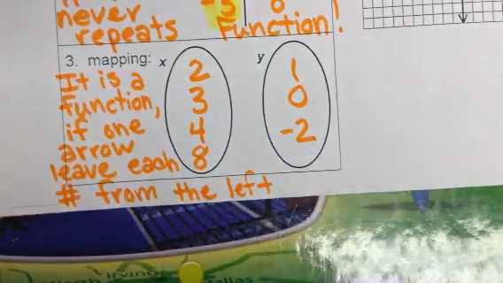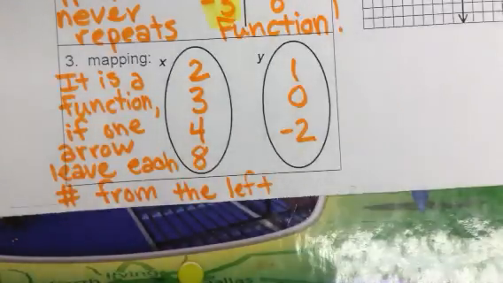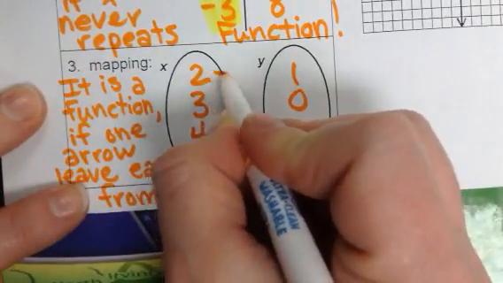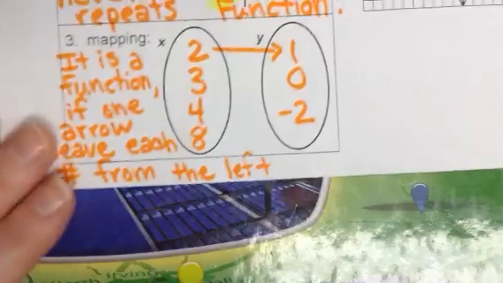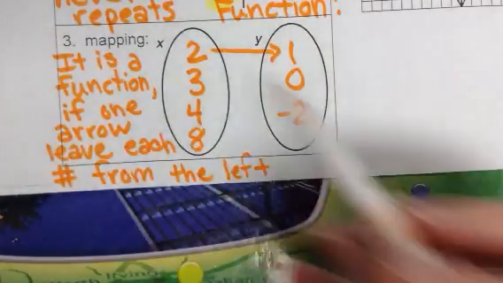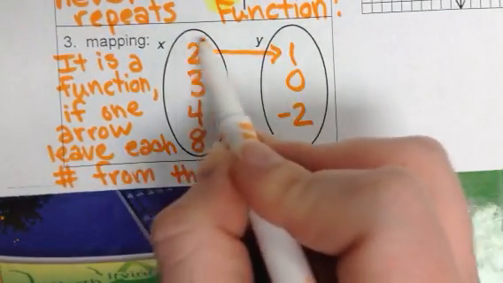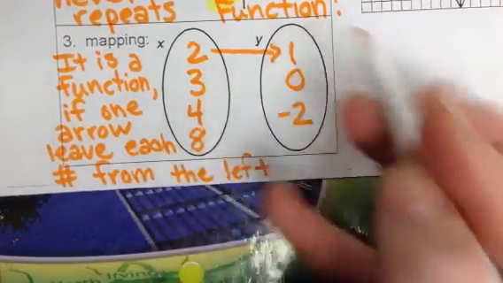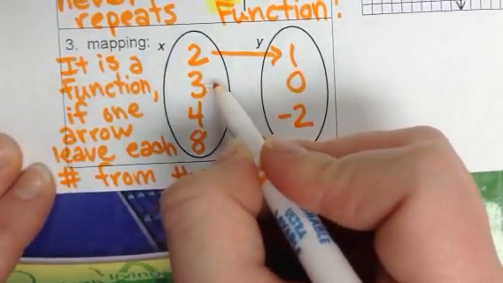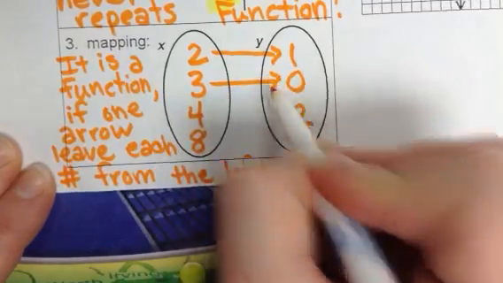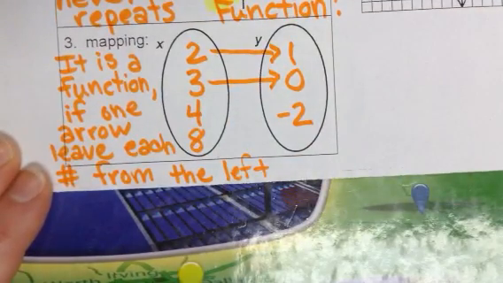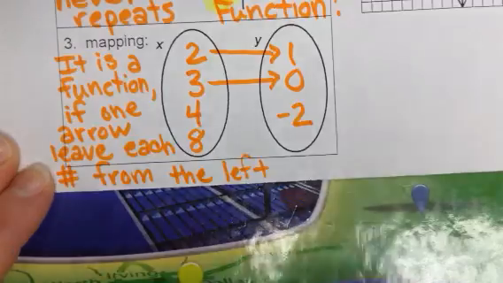Okay. So the first ordered pair that I said was 2, 1. So I just had to map that this 2 goes with that 1. So since there's only one arrow leaving this 2, this x only has that one y. The next ordered pair that I said was 3, 0. So I mapped those numbers together. And then I said 4, 1.